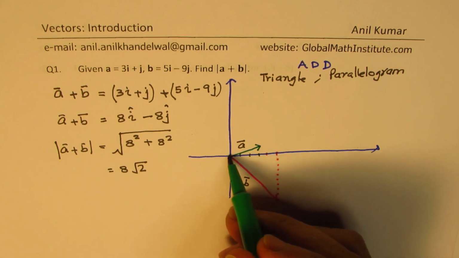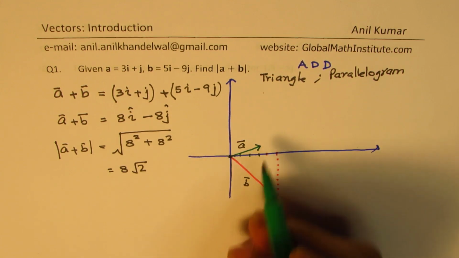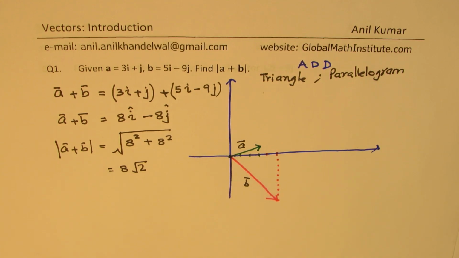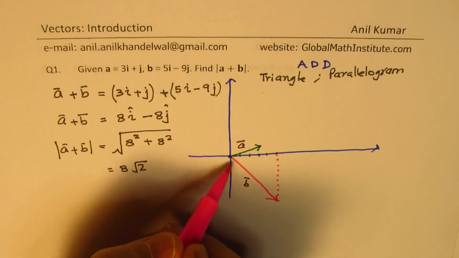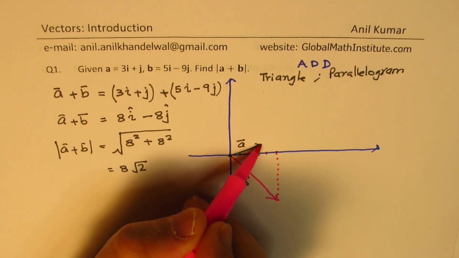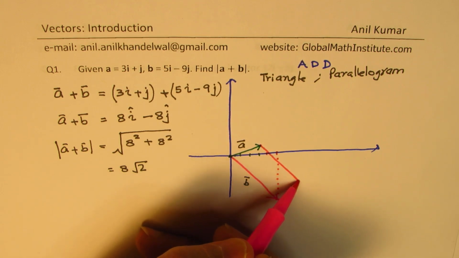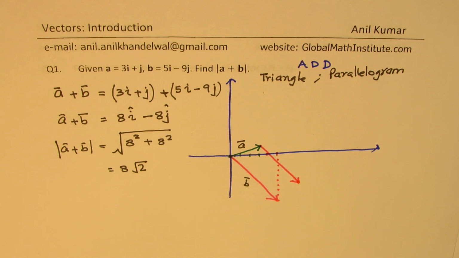So it has to be in a flow. You begin with A, and then you move vector B with the tail on the head of vector A and go for this length. What is very important for you to understand is that vectors are not fixed. You can move them from one point to the other, right?